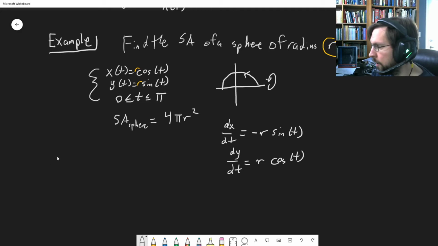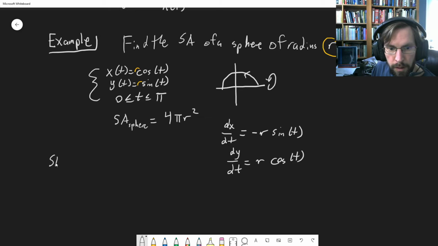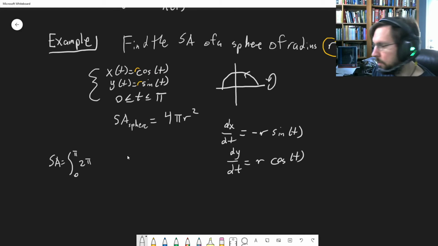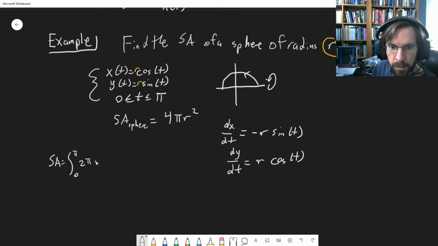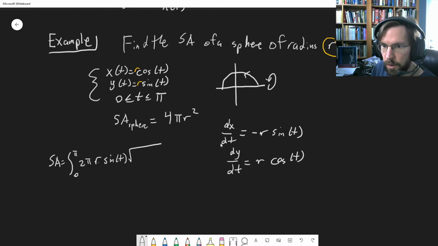So my surface area integral is going to become the integral from 0 to pi of 2 pi times our radius, which we said should be y, r sine t, times the arc length, which I can factor out an r squared from everything first. Let me write it like this.